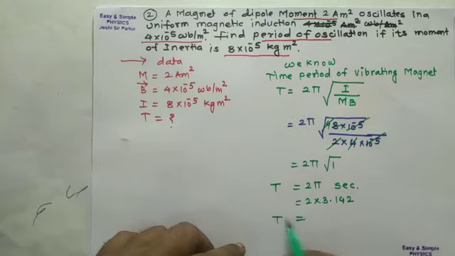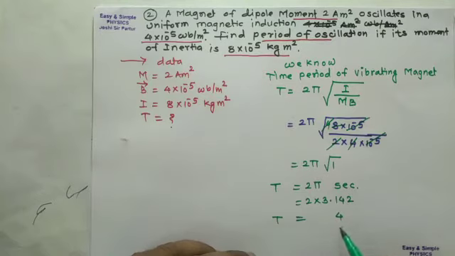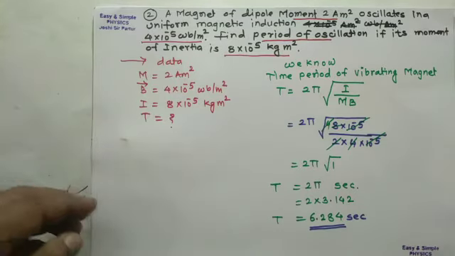So 2 fours are 8, 2 ones are 2, and 2 threes are 6. So the answer will be 6.284 second. This is the period of oscillation.